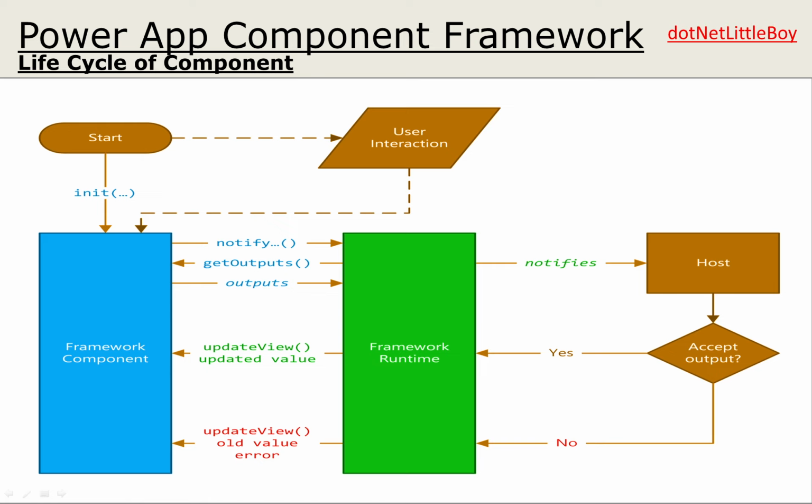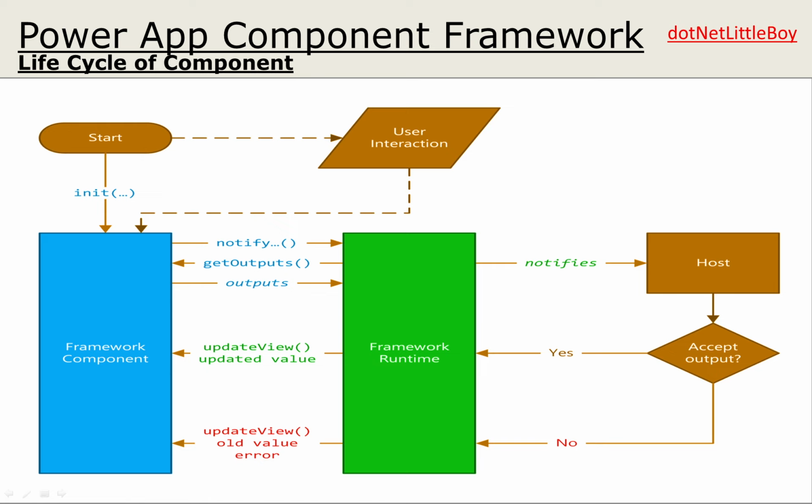After the initialization, it will use the update view from this framework to get the render value to the component here. Suppose some user interaction happened and they have changed it, so it will again notify the framework that some changes had happened. It will notify the host, your Power App server, and if the component value which is entered is the right value, it will accept that value.